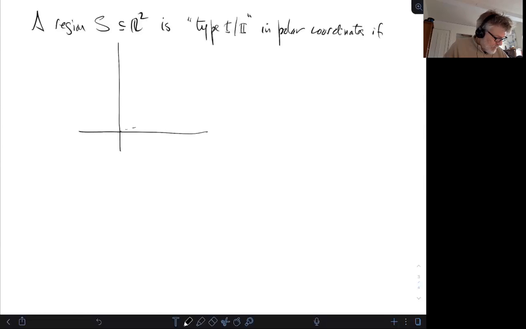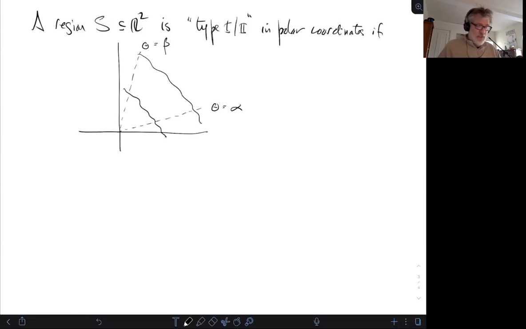But roughly speaking, what we have are 2 bounding angles, okay? So let's say theta equals alpha, theta equals beta. And then we have 2 curves which limit the radius. So we'll have something like this, something like that. Now again, think of the leaf, the thing might loop back on itself. That's possible.